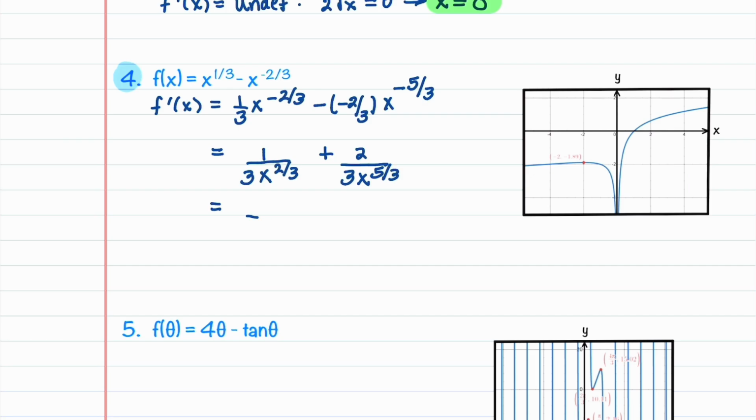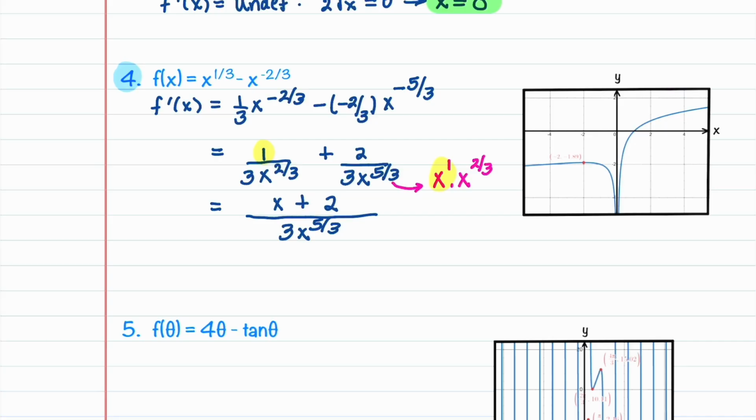We can then see that our common denominator should be 3x to the 5/3. I'm going to make a note here that x to the 5/3 is x to the 1 times x to the 2/3. So when we get a common denominator, we're going to have to multiply this number by x because it already has an x to the 2/3. So this gives us an x plus 2.